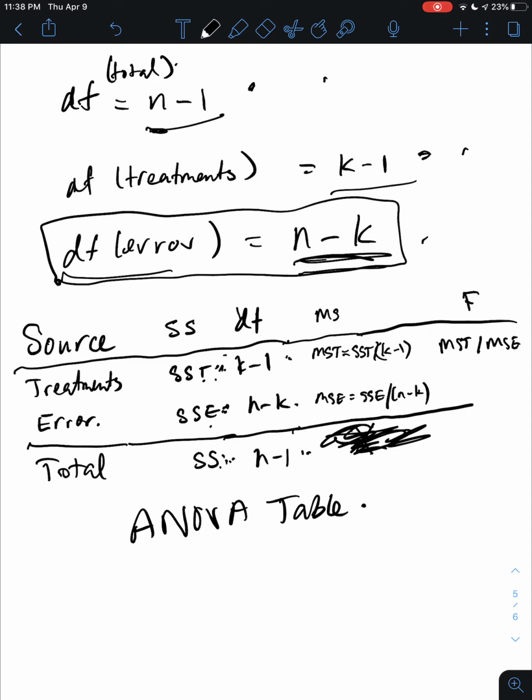Once we have these, then we divide them in this order: we take the first thing in this row divided by the second thing to get the third. And the same in this second row. I take SSE, I divide by n minus k, I get MSE. So that gives me the numbers that go here and here. Finally, I take this top number and divide by the bottom number here, and I get this F number here.